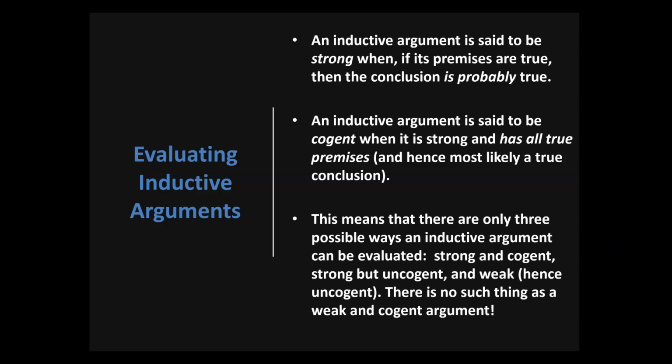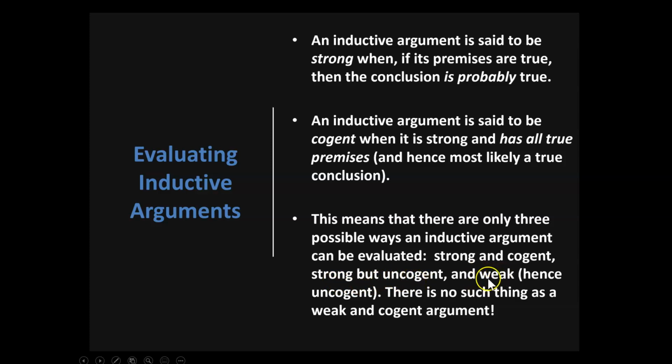So this means that when you're evaluating an inductive argument, you've got three possible answers, right? It's either going to be strong and cogent, which means it passes the logic test and it passes the truth test. It could be strong but uncogent, which means it passes the logic test but fails somewhere on the truth test.